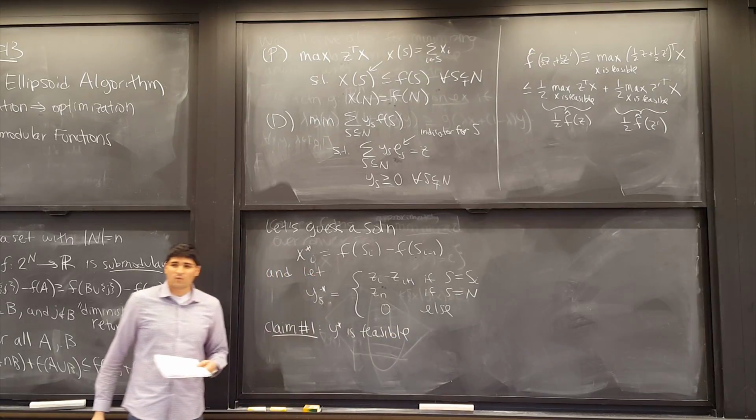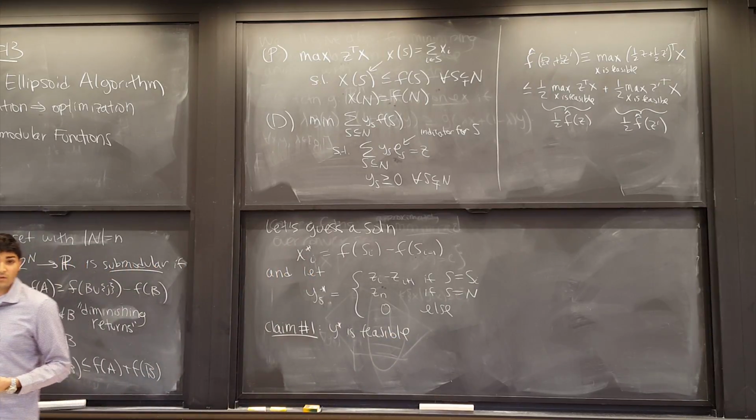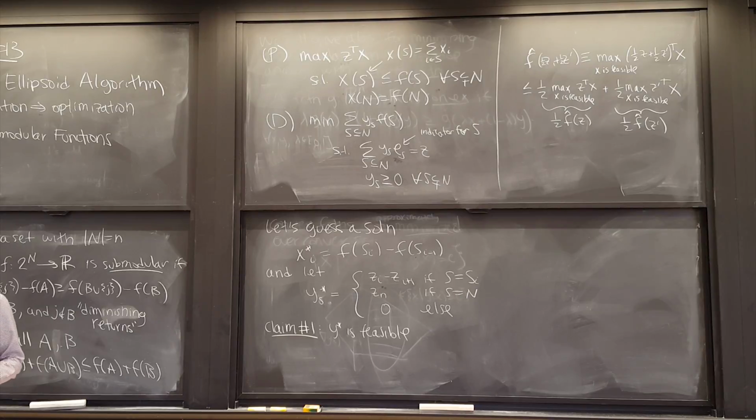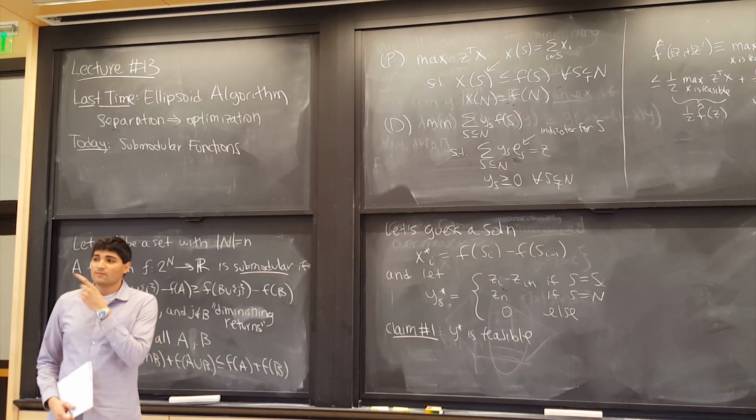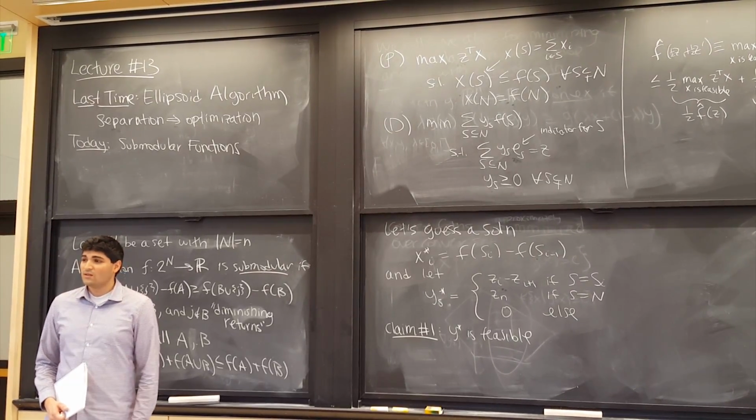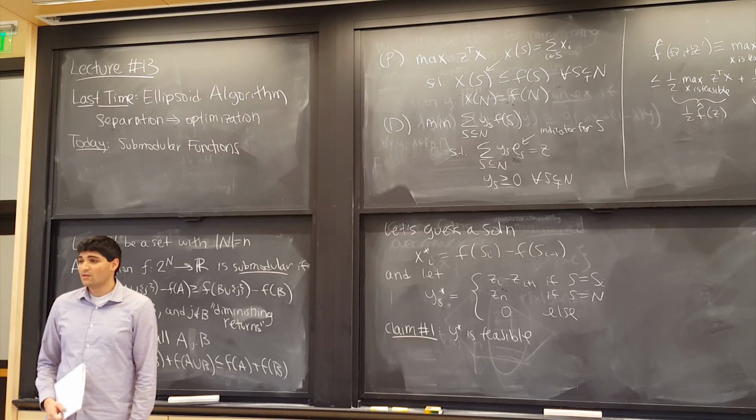Can you guys help me out with that? This is actually the easy one. I'll do the other one. Y star is feasible, the choice of these y's. First of all, you're no longer summing over 2 to the n sets, you're summing over only these n.